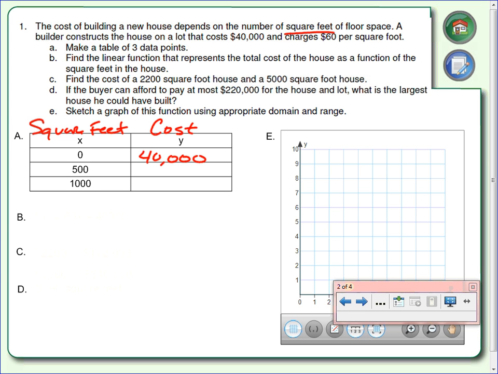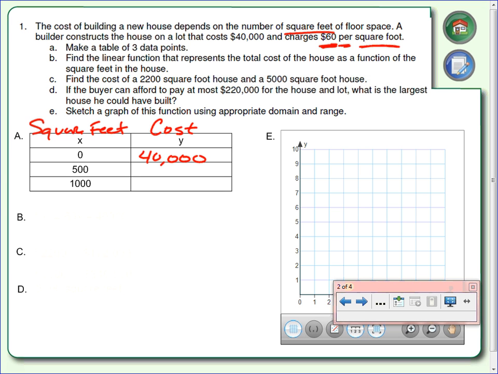All right, so let's go to the next one here, 500. What if we had a small house that had 500 square feet? How much would they charge me for that 500 square foot home? Well, let's come over here. Notice it says right over here, they're charging $60 per square foot.